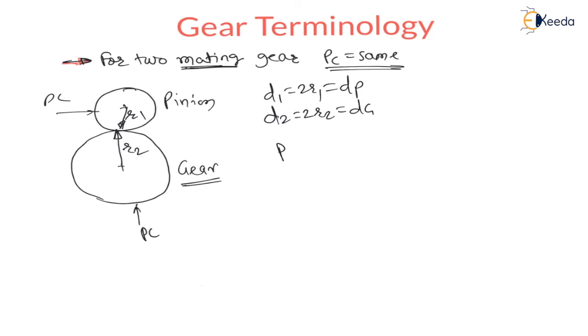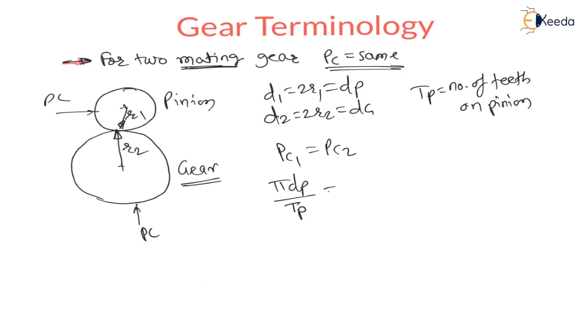And circular pitch PC1 must be equal to PC2, that is pi dp divided by the number of teeth on pinion, TP, is equal to pi dg divided by tg, where tg is the number of teeth on the gear, and dg is the pitch circle diameter of the gear, and dp is the pitch circle diameter of the pinion.